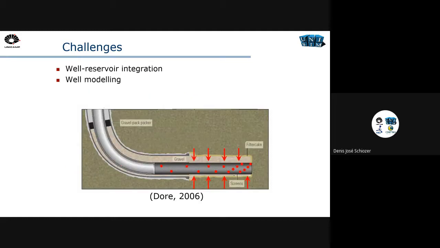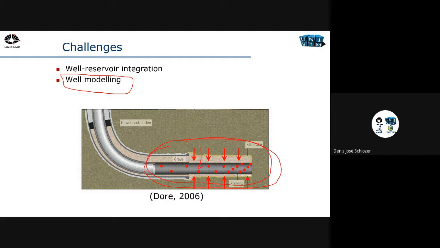Okay. Another challenge that is very important for me is well modeling. That's why I'm going to spend almost one class talking about this. In the reservoir the blocks are bigger, 50 meters and so on. But close to the well, we have to model the behavior of the fluid from the reservoir to the well, and this geometry is complex.